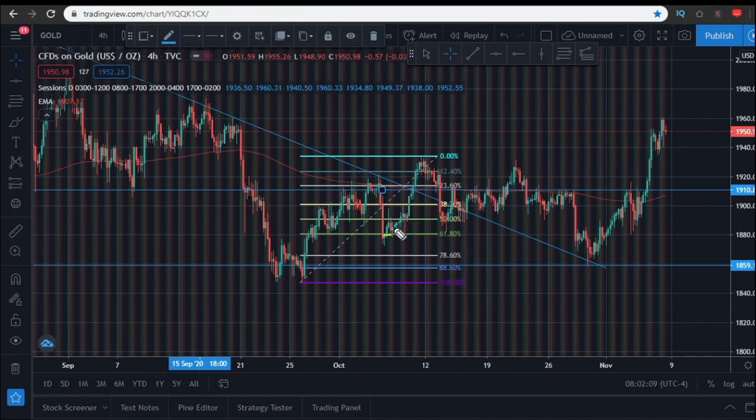You could have taken profit at the 23.6, or you could have even waited for the touch of the 0%, because it did wick there. However, my strategy is just about 10 to 20 pips, no more, so it most likely would have been anywhere around the 38.2 or 23.6.